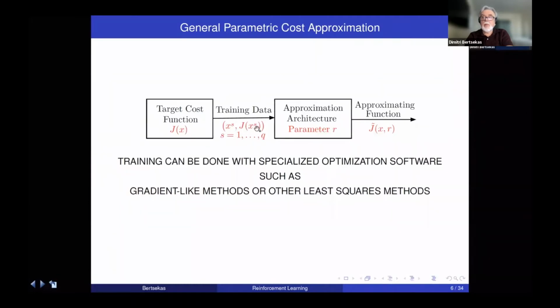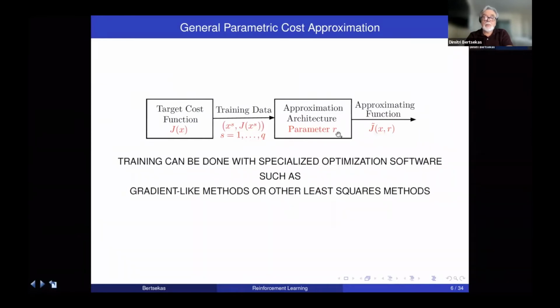But for the moment, we're going to neglect the errors, and let's say that we compute exactly these cost functions. Similar things hold if there are error terms here. So we have the target cost function, we have training data that we collect somehow, and then we also have a family of approximating functions, an approximating architecture. This family is parameterized by a parameter vector, like the weights of a neural network.